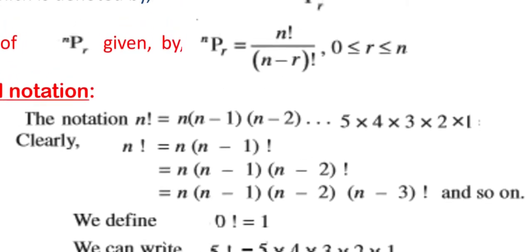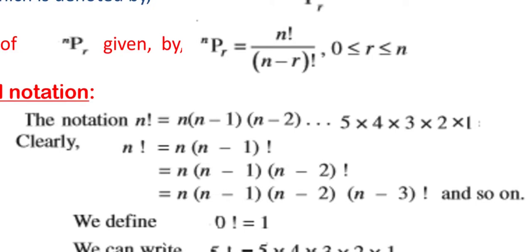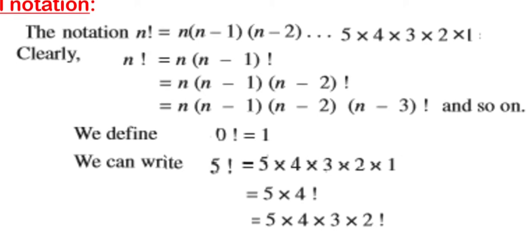Now factorial can be expanded like this: n into n minus 1, n minus 2, dot dot dot, 5, 4, 3, 2, 1. That is, if we want to find the factorial of a particular number, we have to multiply all the numbers. If you want to find factorial 5, then we start from 5 and decrease one number accordingly.